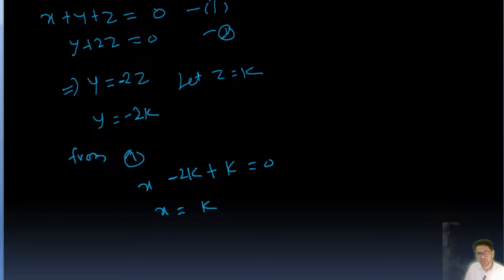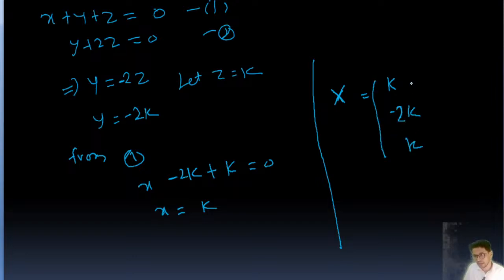So capital X is going to be k, minus 2k, and k. We can write it like this. These are the x, y, z values.